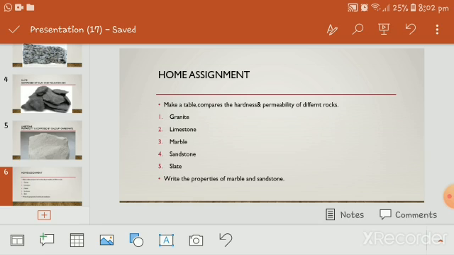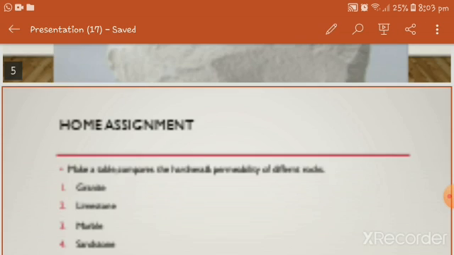And write the properties of marble and sandstone on your notebook, and make a table on your winter pack. And the properties which you are going to write, it must be on your notebook. So read your chapter carefully and then complete your work, inshallah.